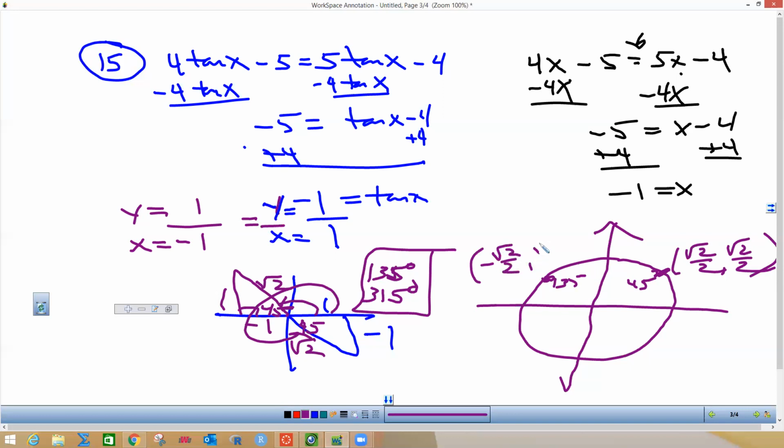And again, this is another reason that if you know your unit circle, it really helps out. Down here at 225 degrees. And over here at 315 degrees. Should have put it in here.